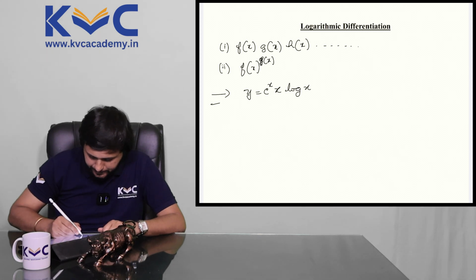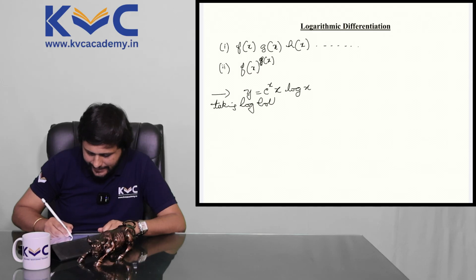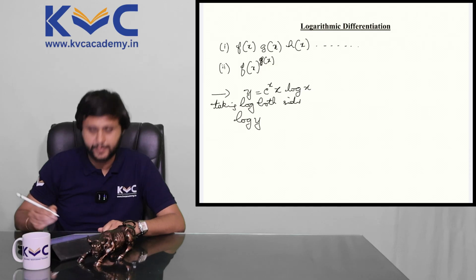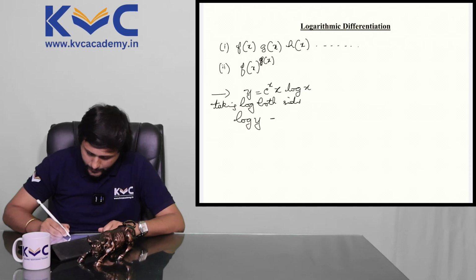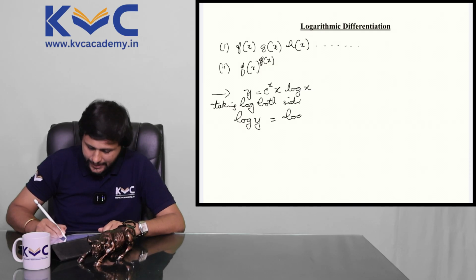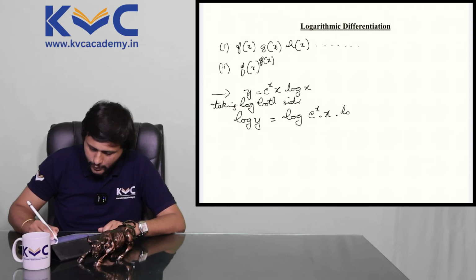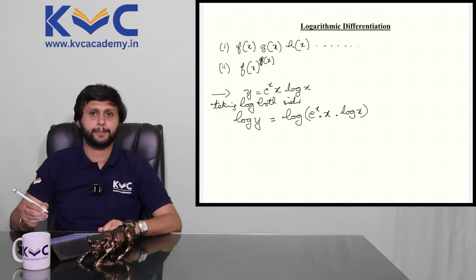Taking log on both sides, what do we get? We get log y, correct? Equal to log of x into e to the power x into log x. I'll just put this bracket.